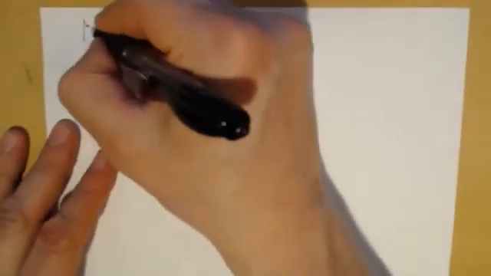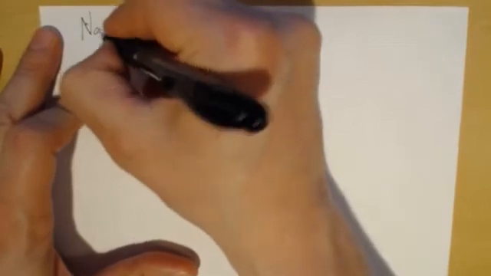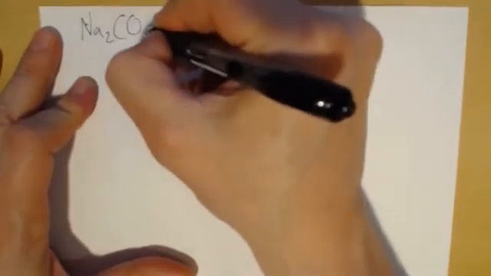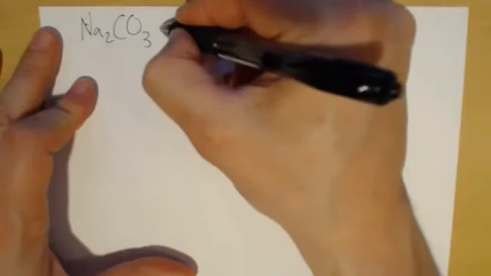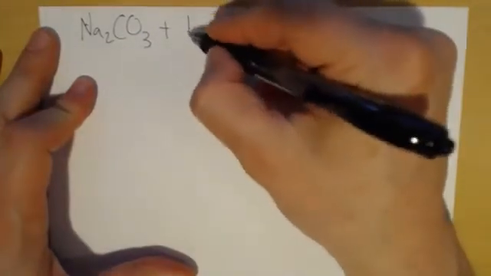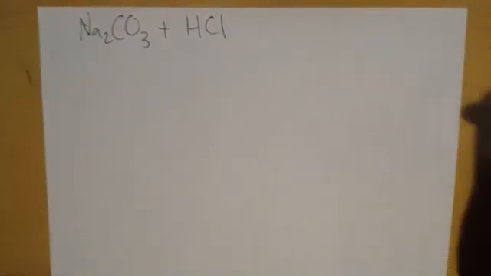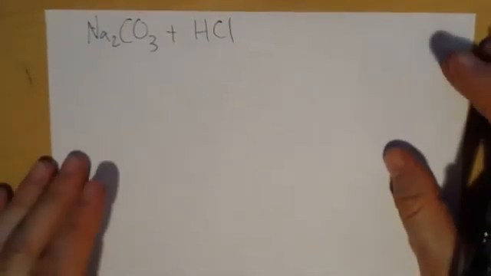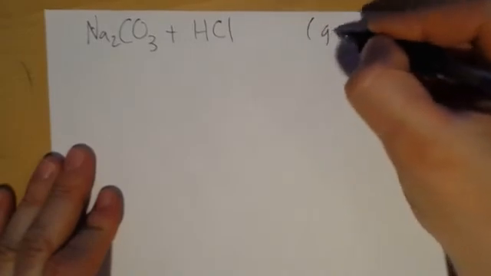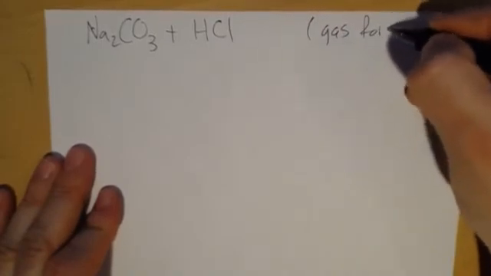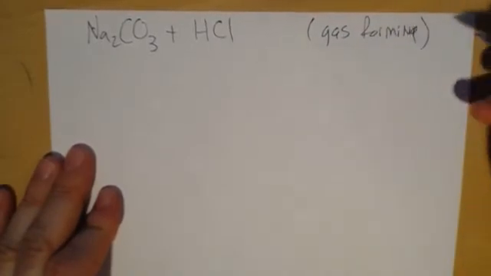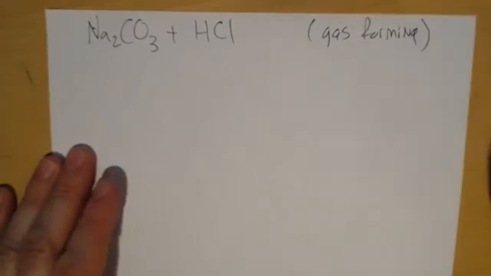Okay. So the next one, let's take a metal carbonate. How about sodium carbonate plus HCl. This is perhaps one of the harder ones because there's a little bit of extra rewriting. This is my gas forming reaction, and there's a little side step with it.